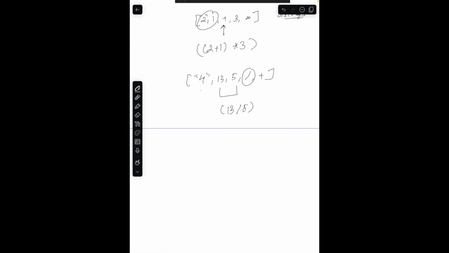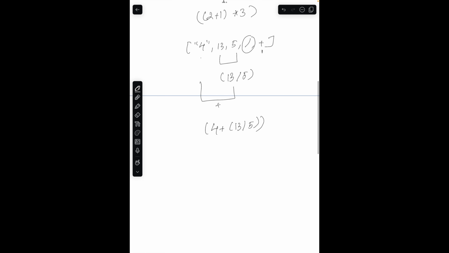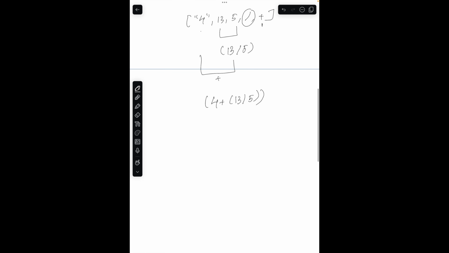And then we have another addition. We add 4 plus the element that is given by 13 by 5. So this will be 4 plus 13 by 5, and operating this should give us an answer.